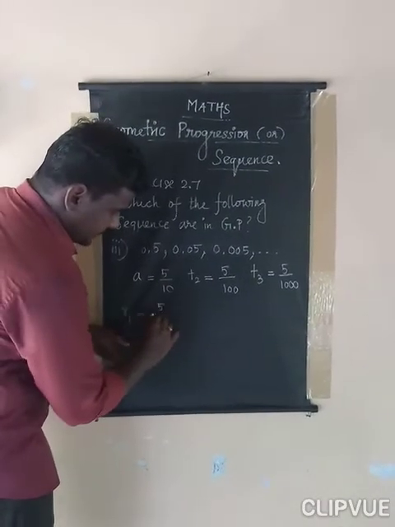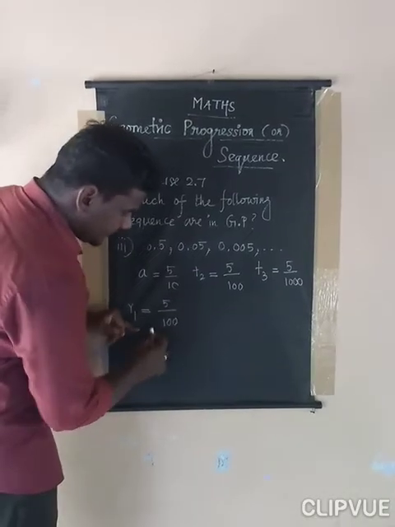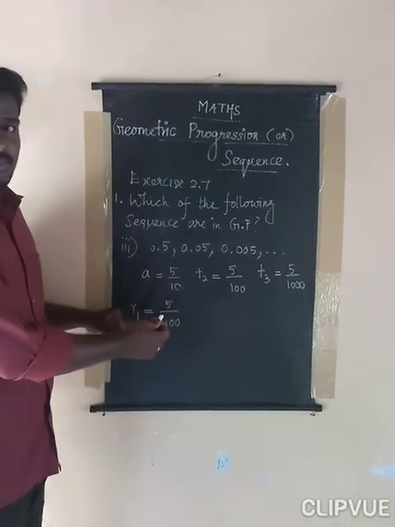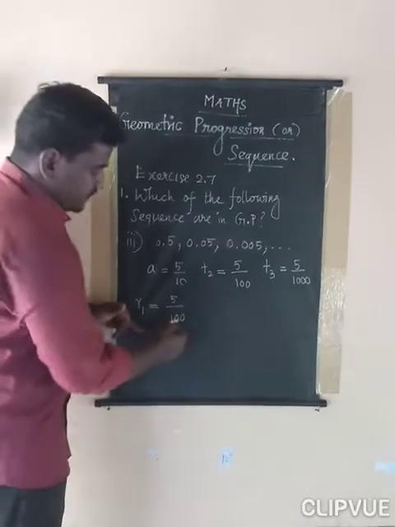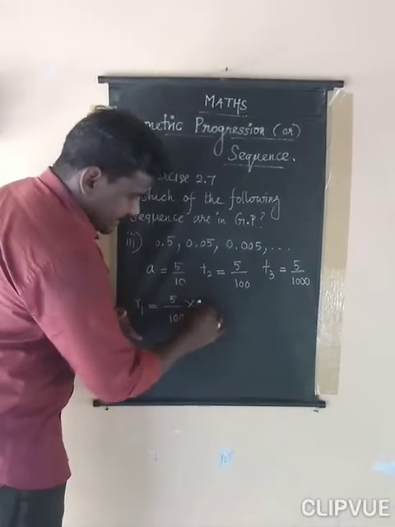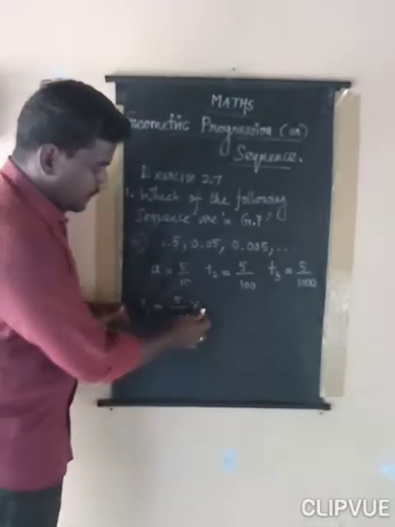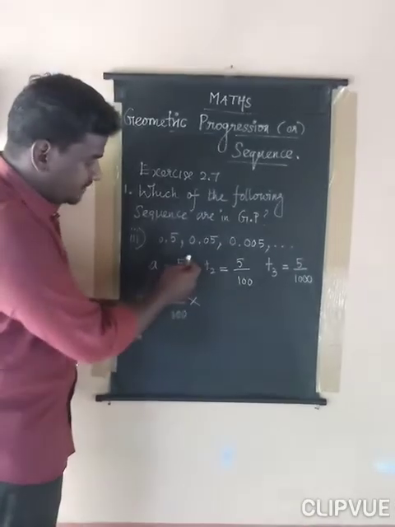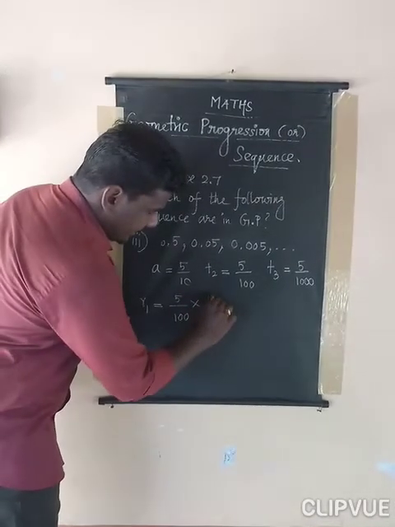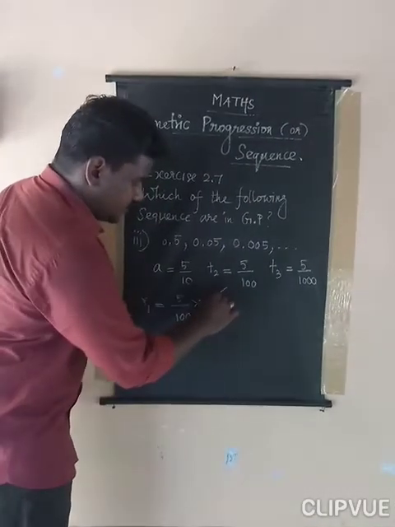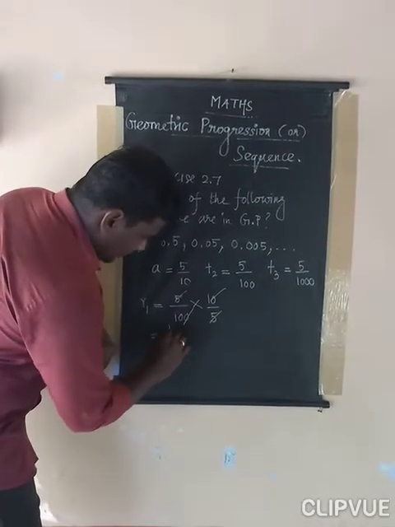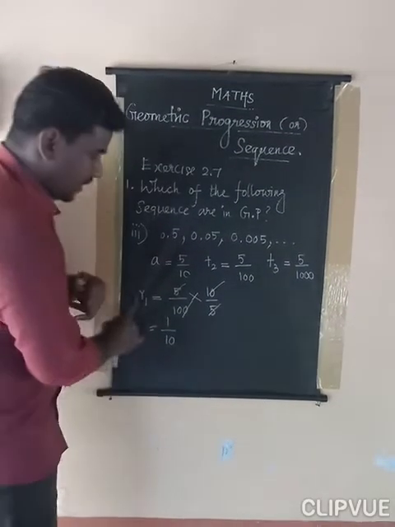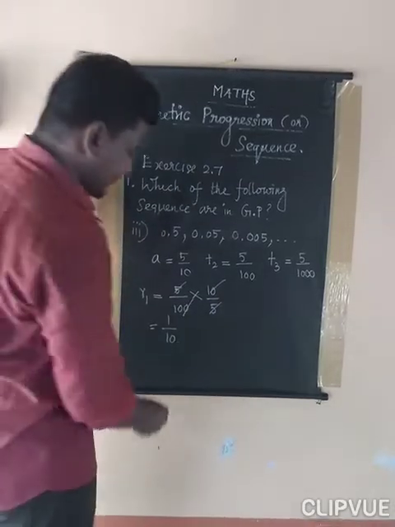First we write the second term, 5 by 100, whole divided by the first term. Better we write it with the reciprocal. Simply multiply by its reciprocal. The reciprocal of the first term is 10 by 5. So what do we have? 1 by 10. So R1 is equal to 1 by 10.